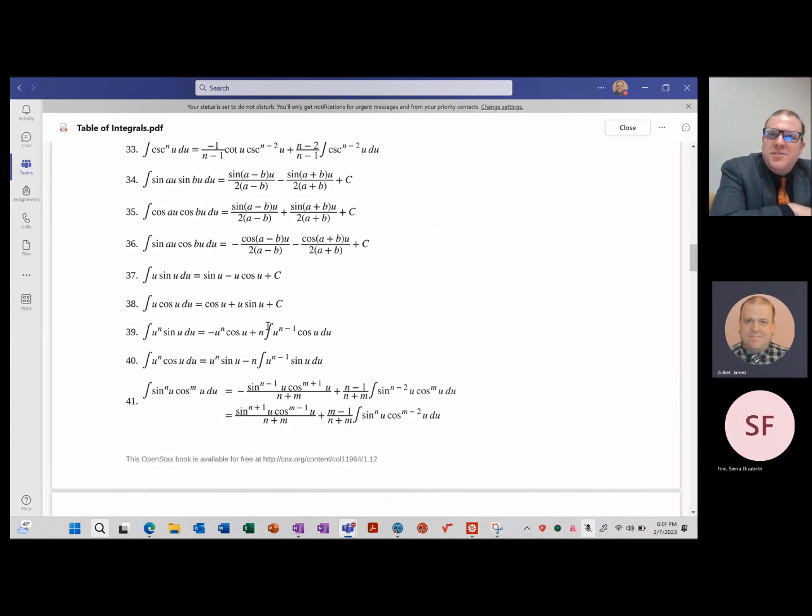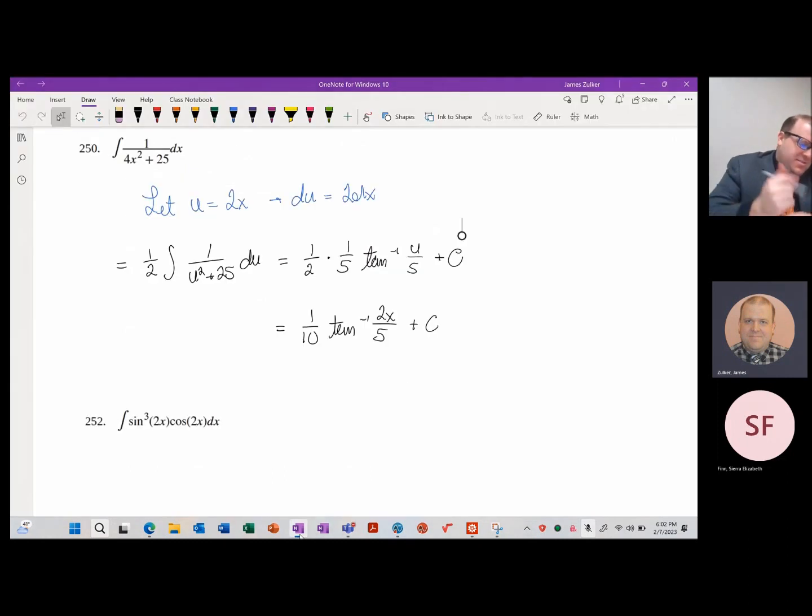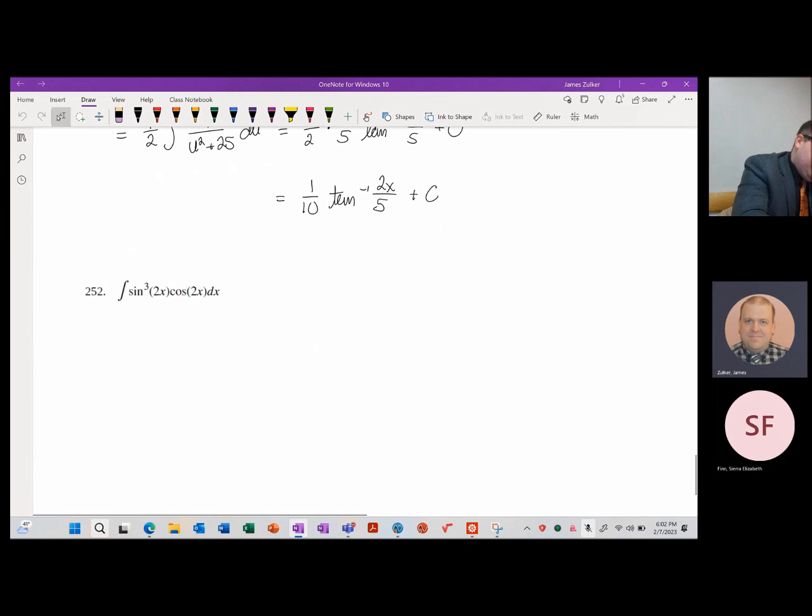But it's not perfect. Right, because this was sine to a power of n times cosine to a power of m, right? Our problem is 2x. So we have to fix that. Let u be 2x.